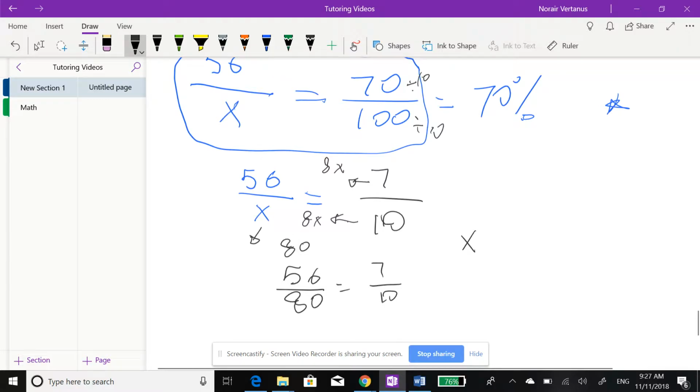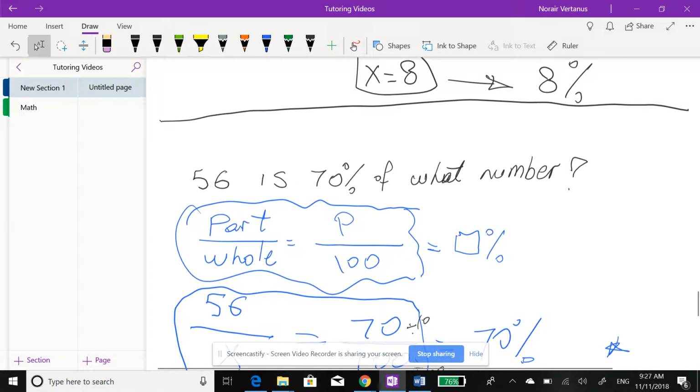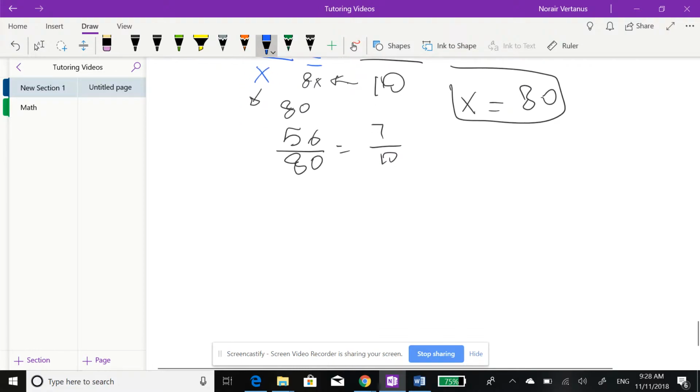The question was what x is. X is equal to 80. So the whole is 80. Let's go back. So this is 80. Now see, 56 is 70% of 80. A smaller part of a bigger number. Okay, that was the first method.